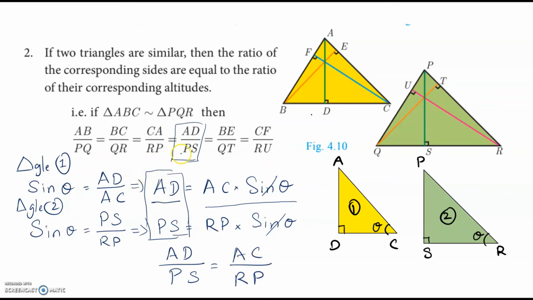You can see that AD by PS is equal to, here it says CA of course, so it's the same as CA by RP. So just like how we have proved the relationship between two sides and two altitudes, we can also establish the same relationship for all of them using trigonometric ratios.